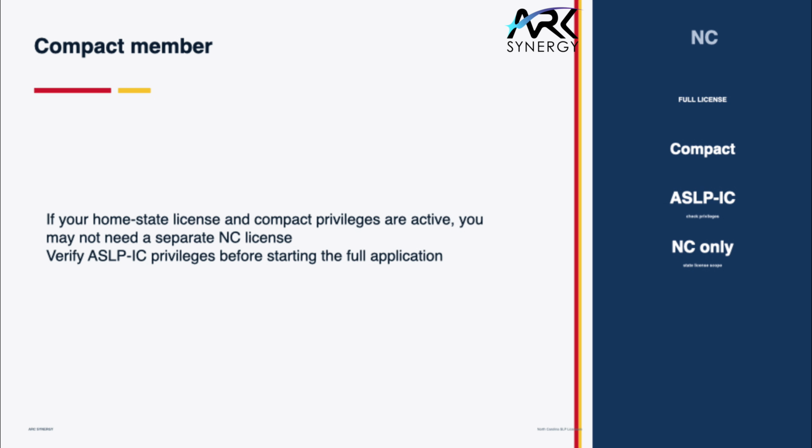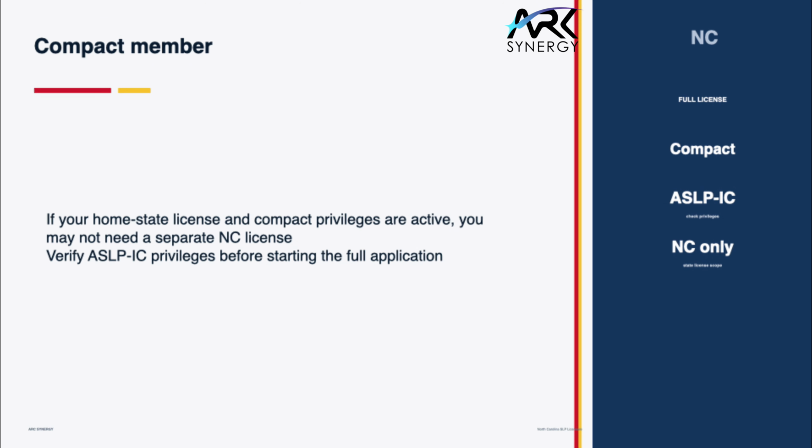So verify your compact status before starting your application process. The North Carolina license itself will only authorize you to practice within North Carolina. Obviously, it does not extend across state lines, not even to the compact states, unless you go through the compact licensure application process, like I said.